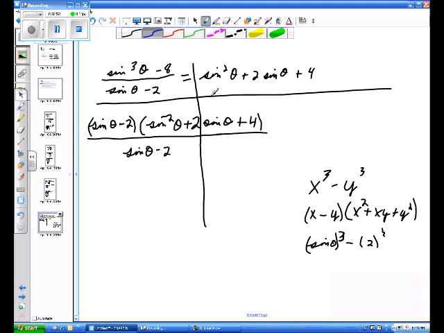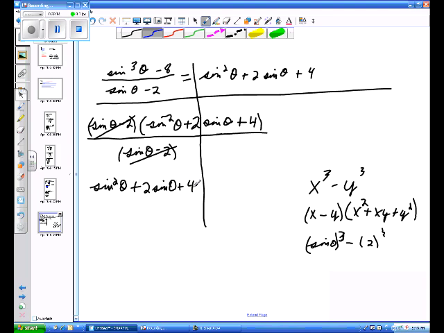Well, that should start looking nice because you can see where we're going. This is exactly the factor we have here. These factors are the same, so we can cancel them, and we end up with sine squared theta plus 2 sine theta plus 4.